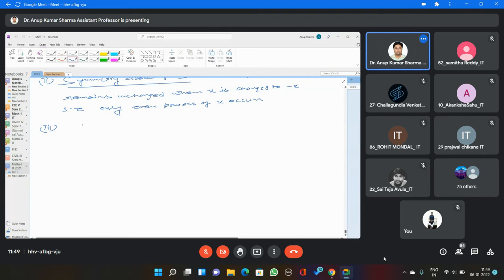Third: symmetric in opposite quadrants, that is, about the origin. While drawing the curve, this statement is very necessary for the given expression. If you don't write it and directly draw the curve, you will get only 10% marks. The marks are based on this whole statement.